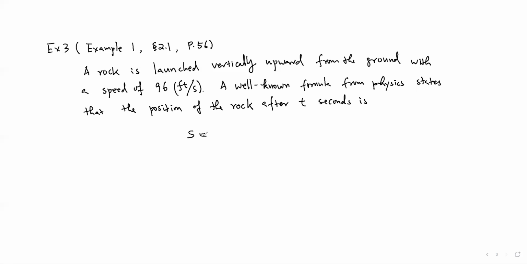S means position of the rock: S = -16t² + 96t. The position is measured in feet. The time, t, is measured in seconds.